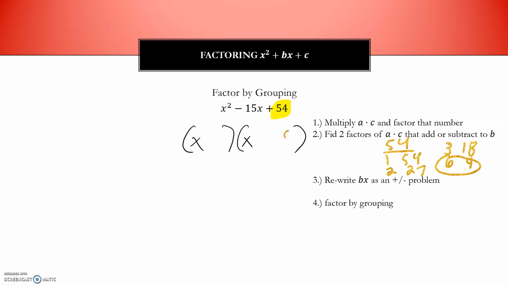I know that, well, not 8 and 8, 6 and 9. Recopying the other problem, I just need to figure out how to make that 15 negative. Well, the 15 is negative, so that would be negative 9 and negative 6, because 9 plus 6 is 15. If they're both negative, my answer is negative.